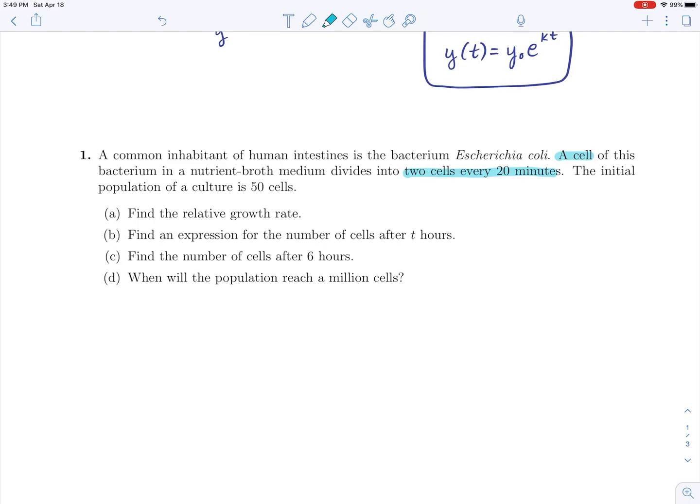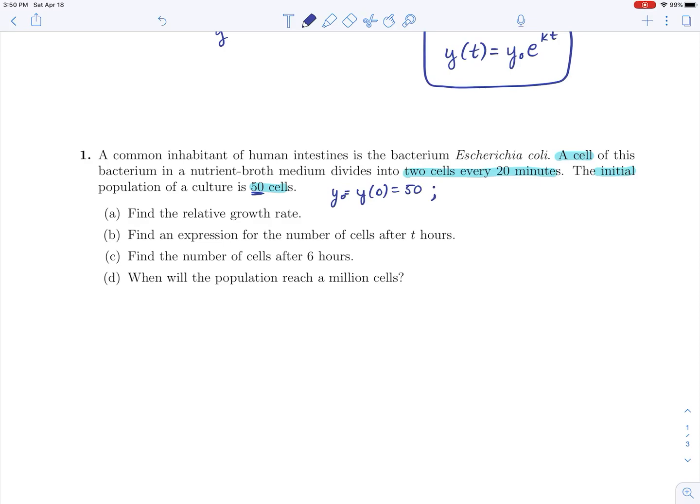The initial population of a culture is 50 cells. So what that tells us is that y of 0 is 50. That's the initial amount, which is also y naught.